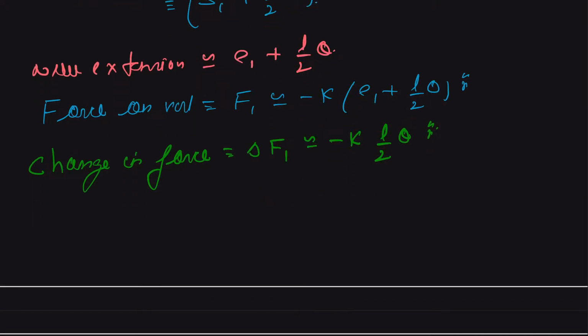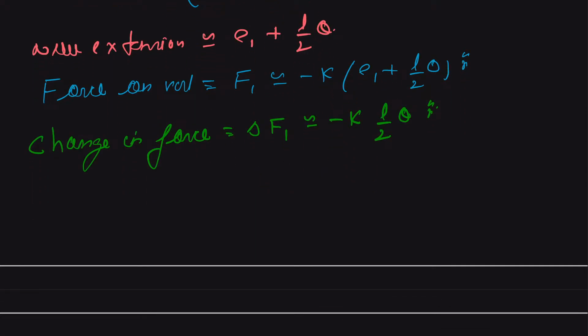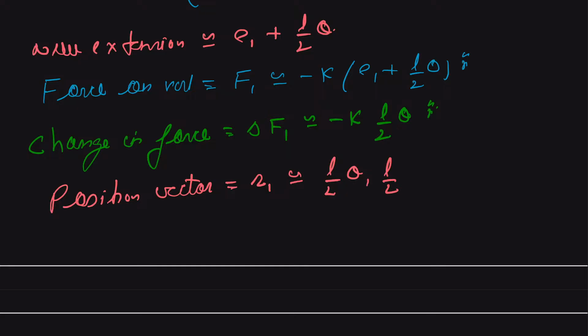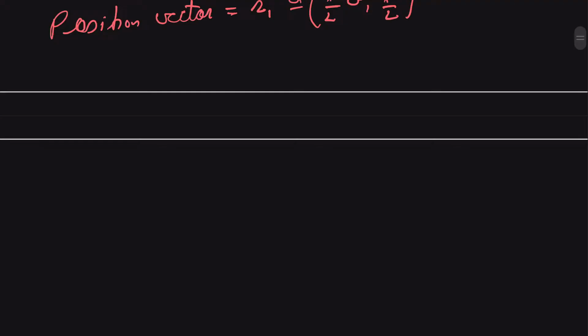And the position vector, because we are supposed to find out the torque, which is our R1, we can approximate will be equal to L by 2 theta comma L by 2. So therefore now we can easily find out the torque.